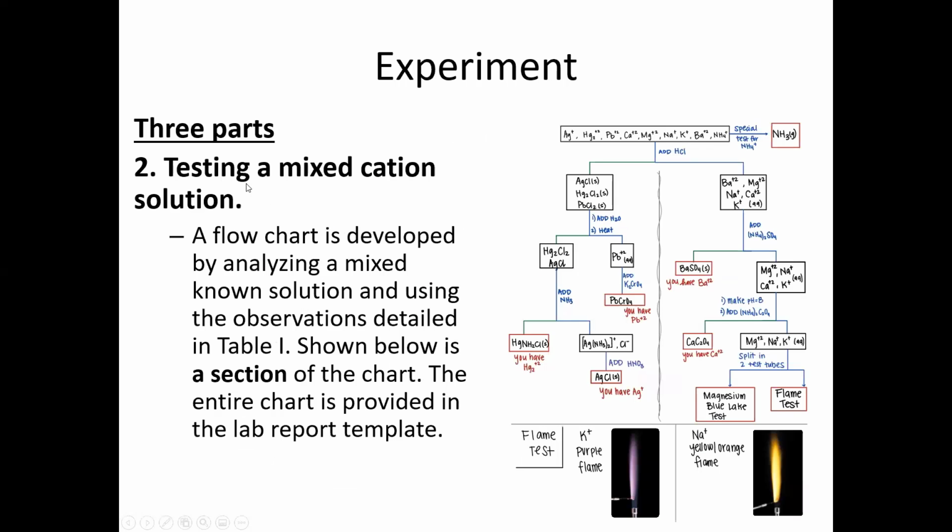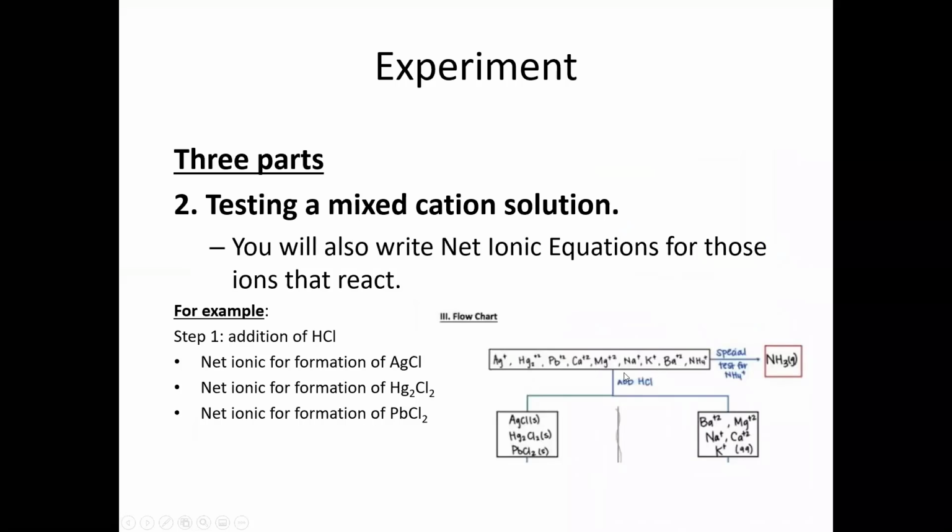The second part of the experiment is to test our mixed cation solution. That's a solution including all the cations together. You will follow this flow chart, which is already developed in your template. Let's look at one of the examples.